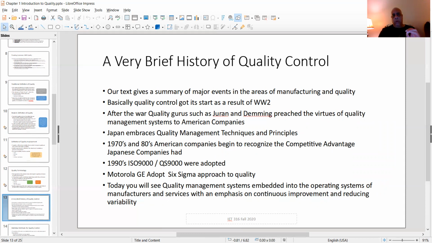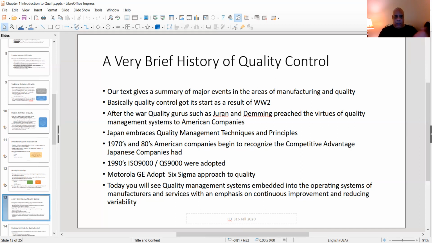When we deal with quality control, it got its start as a result of World War II, because after the war, quality gurus such as Juran and Deming preached the virtues of quality management systems to American companies. And Japan embraced quality management techniques and principles. So in the 70s and 80s, American companies began to recognize the competitive advantage that Japanese companies had.